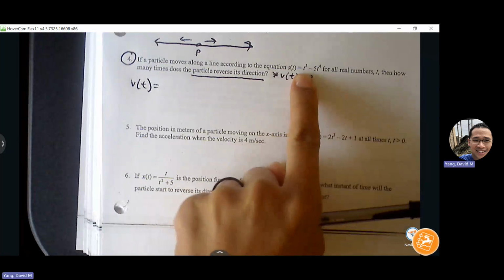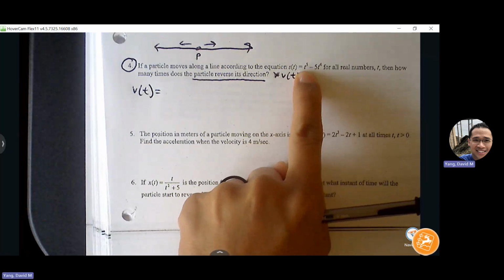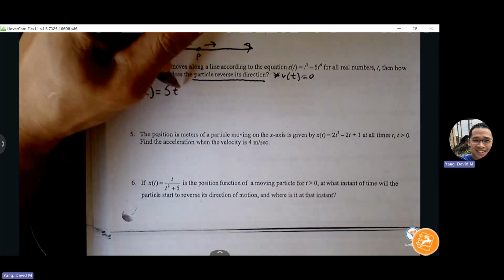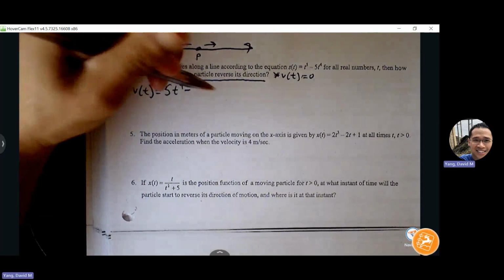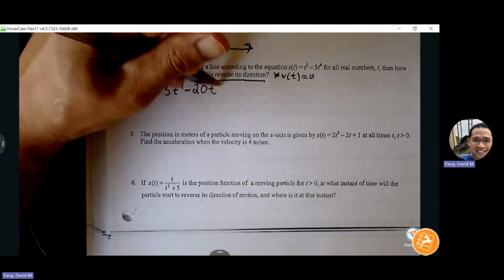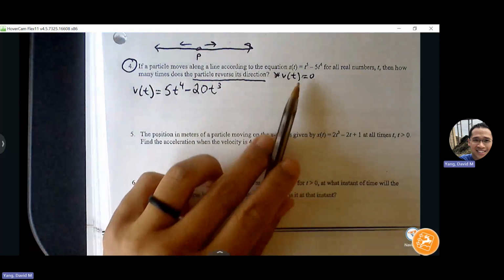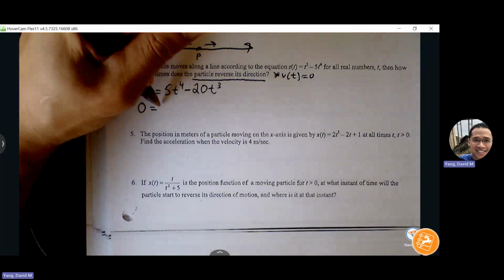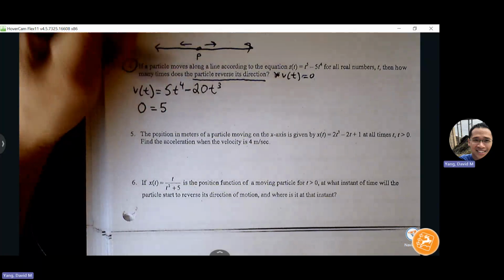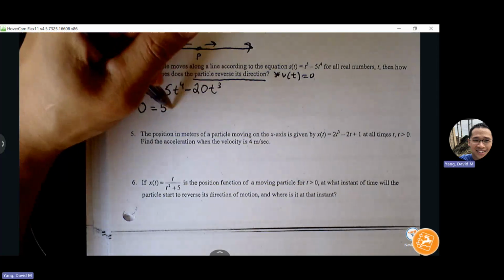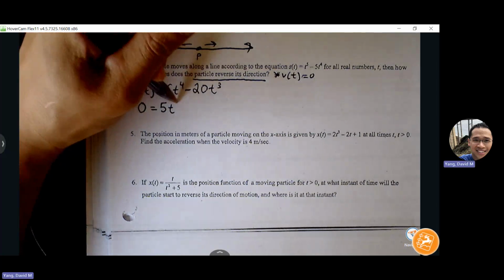So let's find our velocity function. Go through power rule. This is nicely set up for us. What's the derivative there? 5t to the 4th minus 20t to the 3rd. We want to figure out when velocity is equal to 0, so I set velocity equal to 0. I can factor. What's the GCF here? 5t to the 3rd.